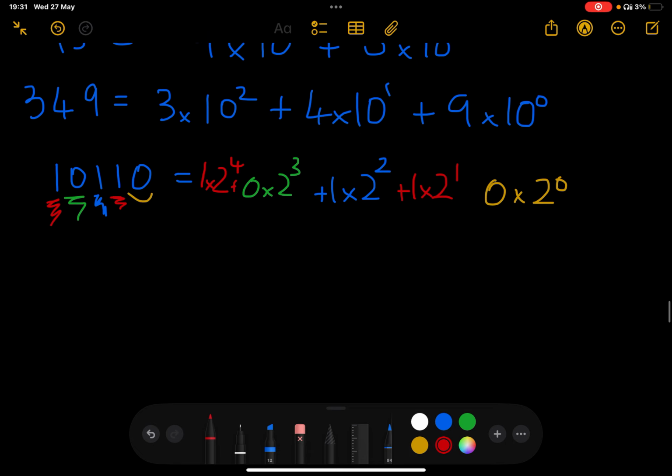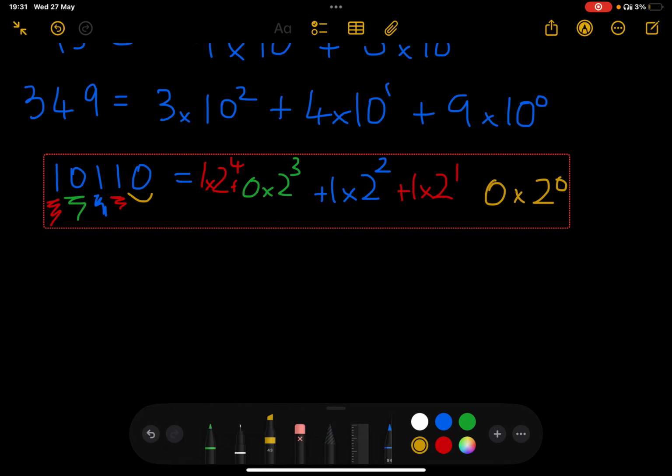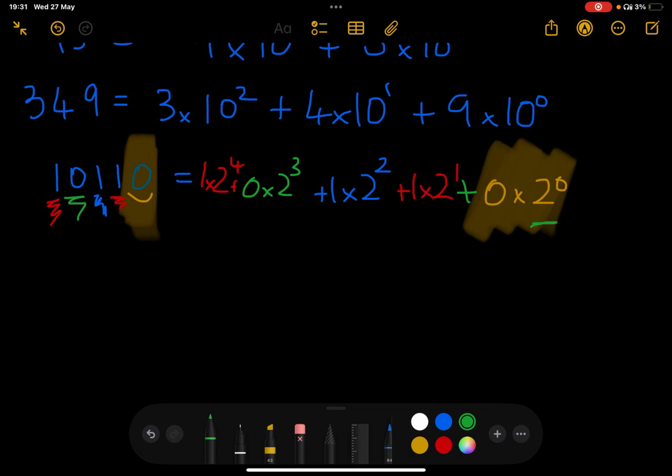So you can kind of think of it like this, let's just revise a little bit. The last digit goes with the power 0, and this position goes here, right?